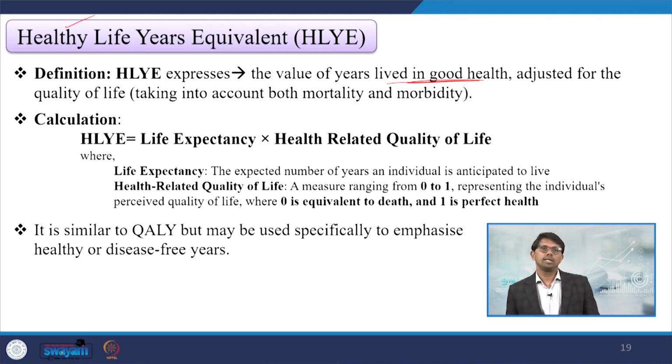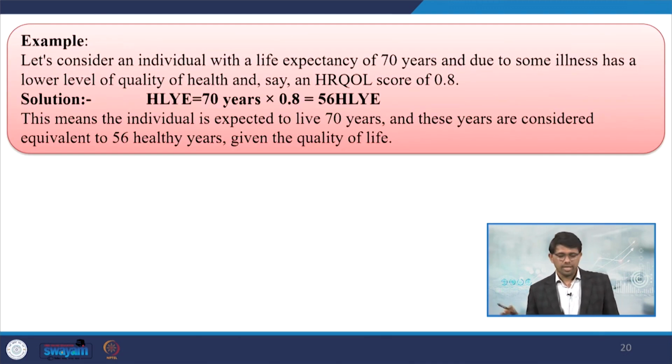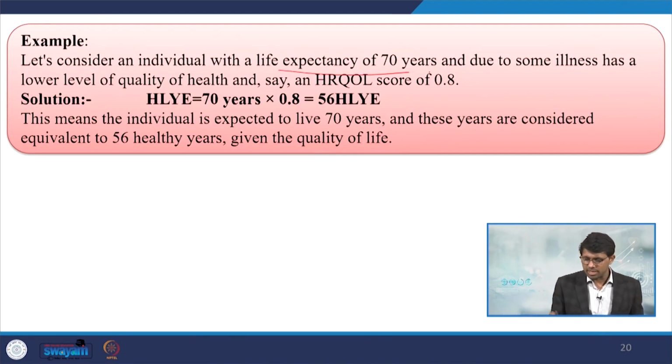So HLYE is similar to QALY, but may be used specifically to emphasize healthy state or disease free years. In an example, you can easily calculate if the life expectancy is given, then due to some illness the person has a lower quality of life, and hence the HRQL score is 0.8.